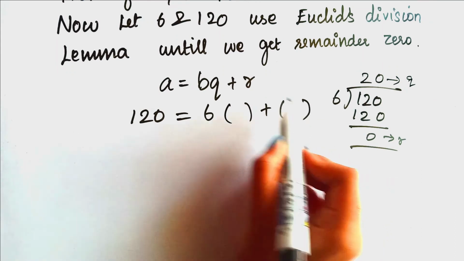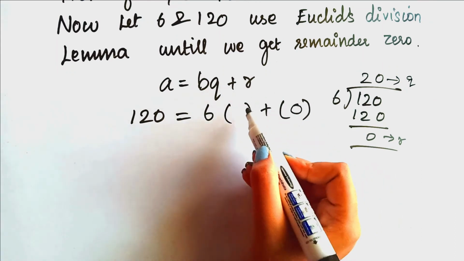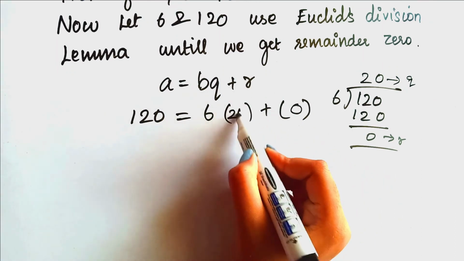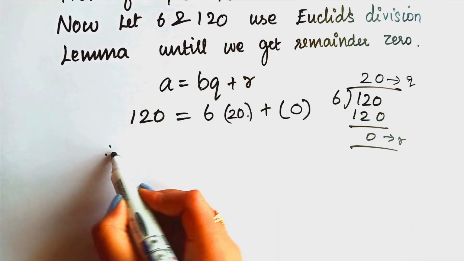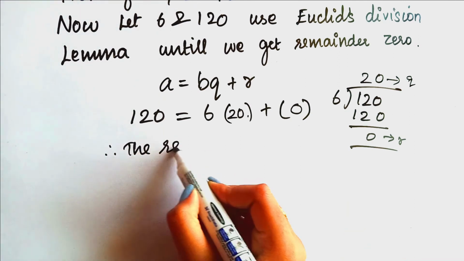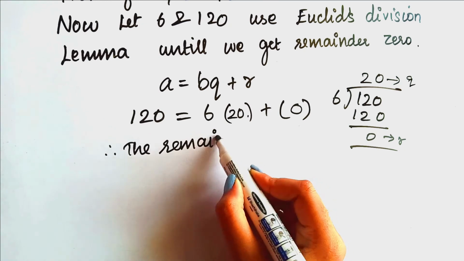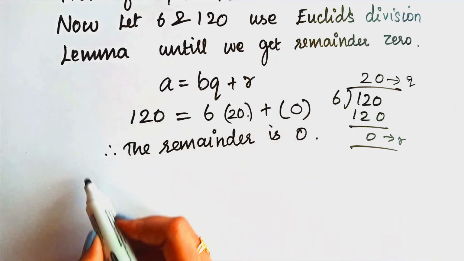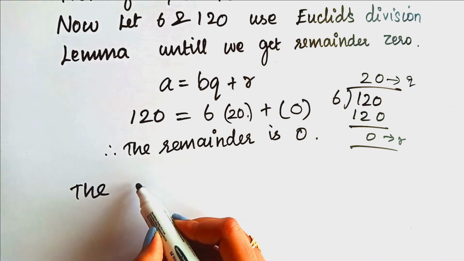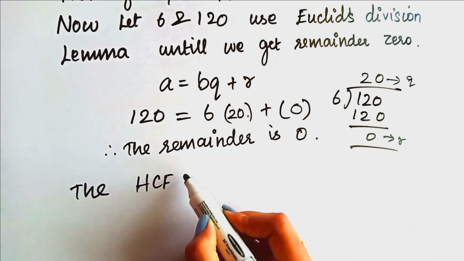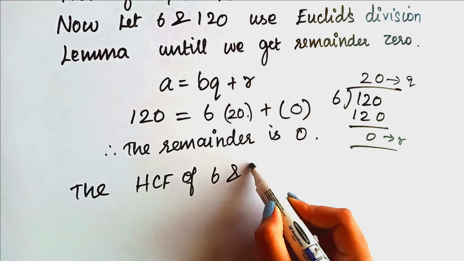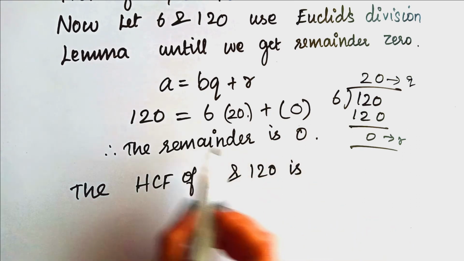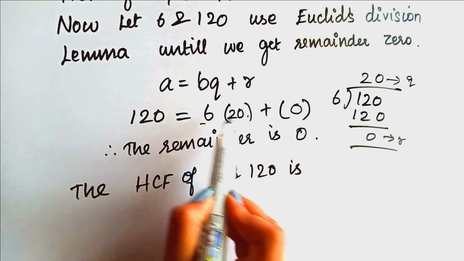So let's substitute here. The remainder is 0 and the quotient is 20 here, right? So therefore the remainder is 0 and the HCF of 6 and 120 is, so for 6 and 120 we got an answer 6, right?